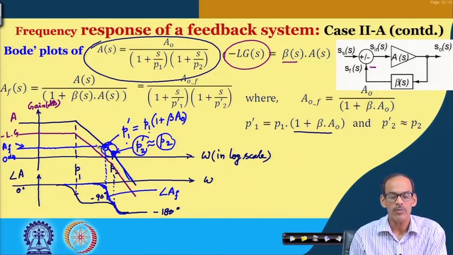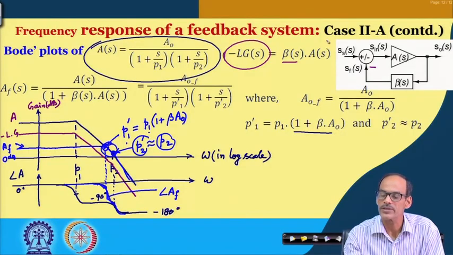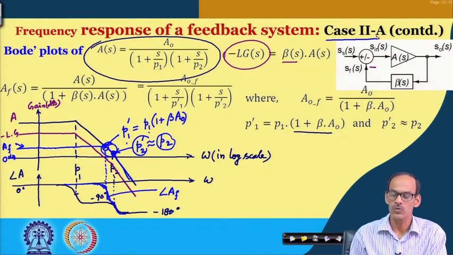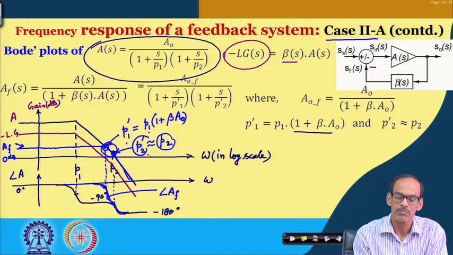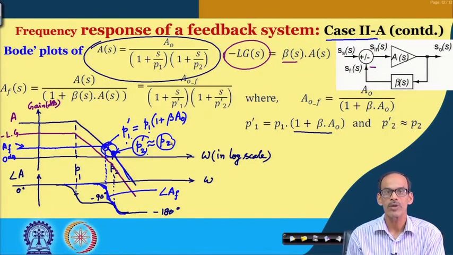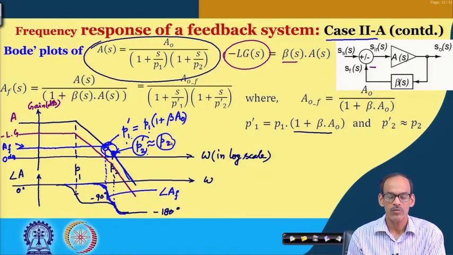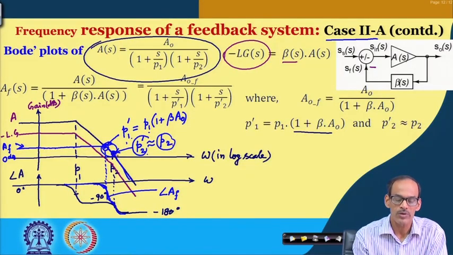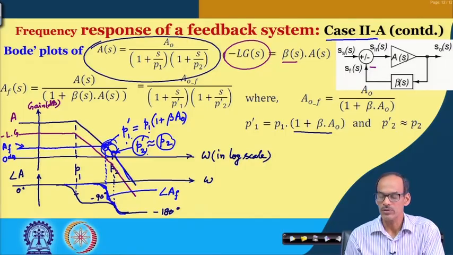We will be talking about a similar kind of case, which we call case 2B, and in case 2A we are considering P2 to be beyond this one, whereas in case 2B we will consider P1 dash may be comparable with P2 or may be beyond that. And then what happens, whether this pole will remain there, or whether there will be some other changes that we would like to see.